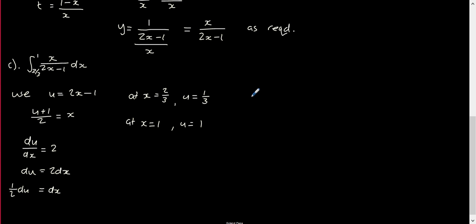So my integral then becomes, there's the integral I started with. We've changed that into 1/3 to 1 using our u values here. And then we're going to have x divided by, so x was u plus 1 over 2.